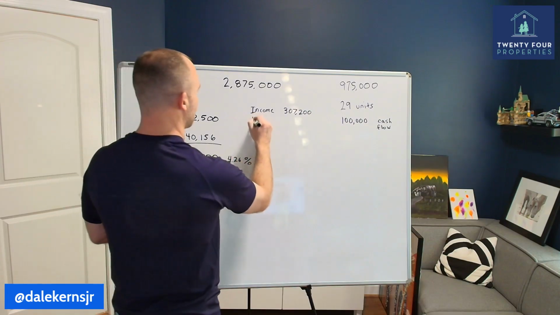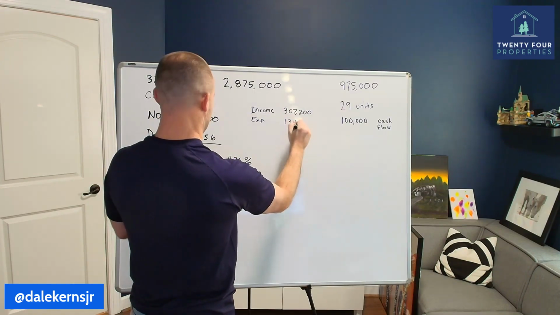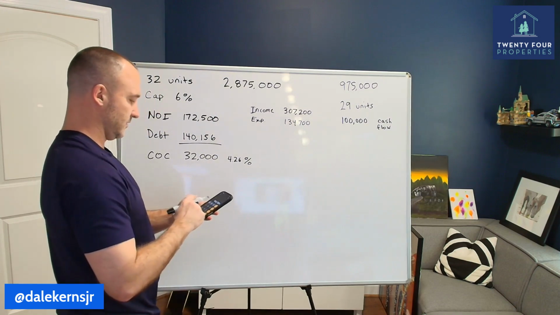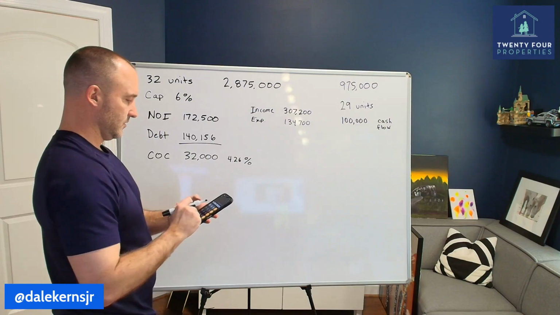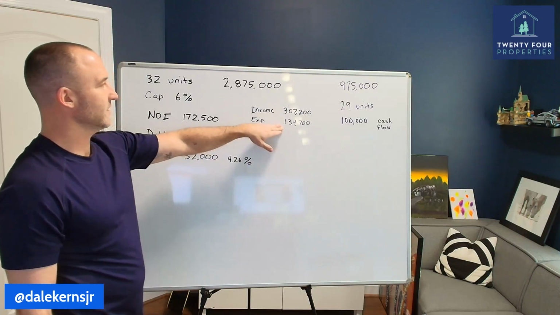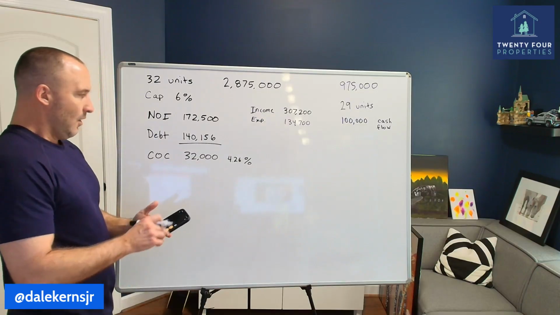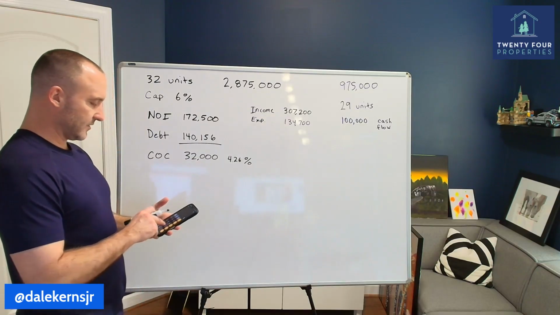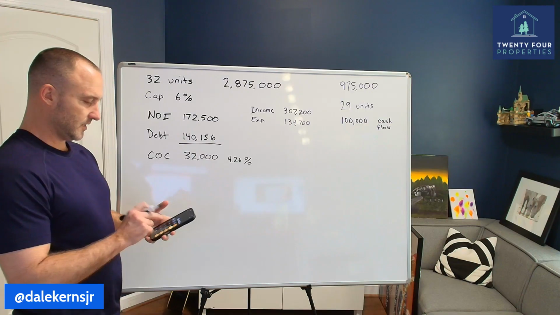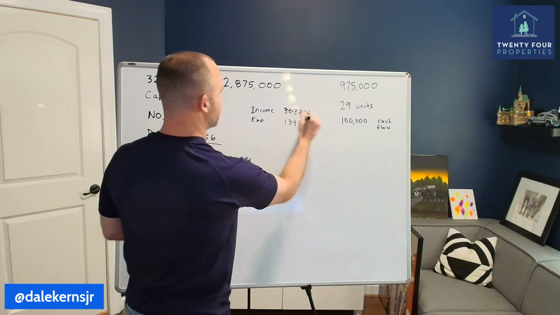So expenses are about 134 divided by 307. Okay. So this is about 40% of their income, which I would do it by that. So let's say we got the rents to $1,200 times 32 times 12. That would be $460.